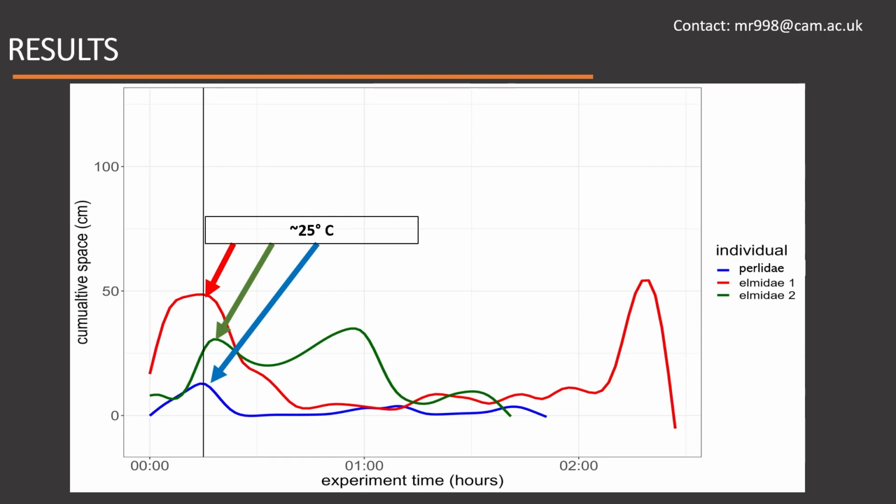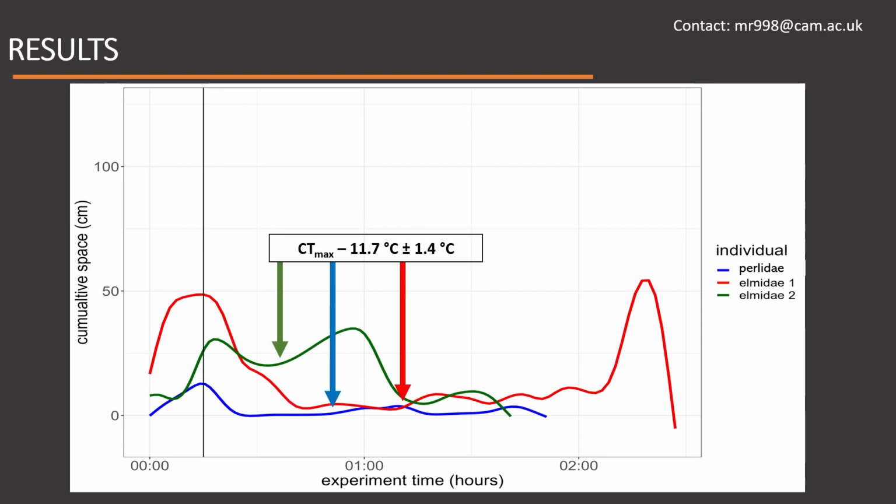Clearly, the first point was at 25. So all the 3 trends, even if with different magnitude, decrease their movement when we start increasing the temperature of the water. The second point of variation was very different in absolute times, clearly, so at different temperatures, but still quite consistent across the 3 taxa. It was roughly 12 degrees before the critical thermal maximum value for each of the 3.